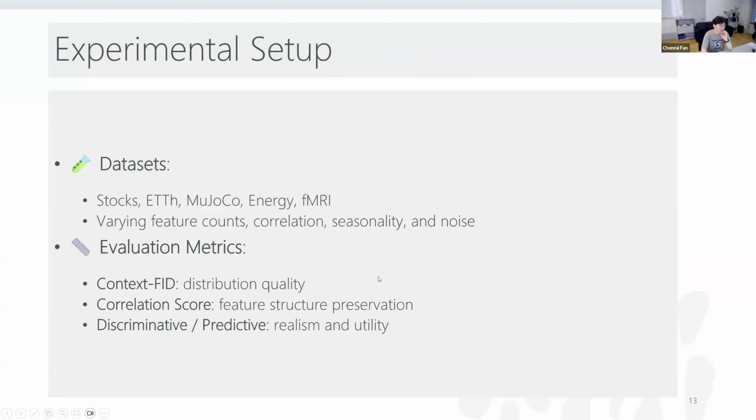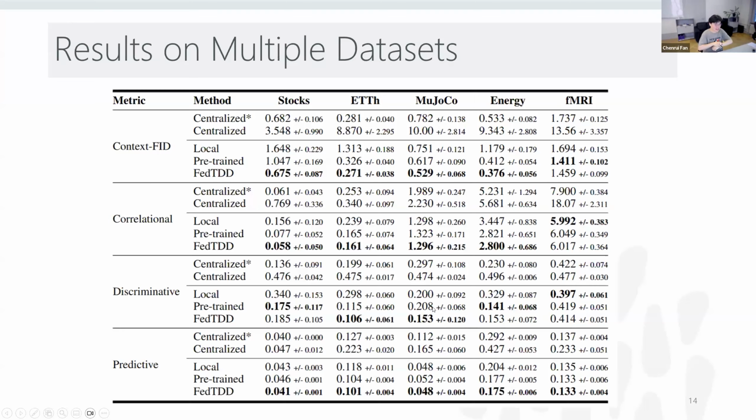For metrics, we use the context FID to measure global similarity between real and synthetic data, and the correlation score to assess whether relationships between features are preserved. We also include the discriminative and the predictive scores to test the realism and how well synthetic data can support downstream forecasting tasks. We compare against 5 baselines, including local training and centralized training, as well as a pre-trained model using the public dataset. So let's see the result.